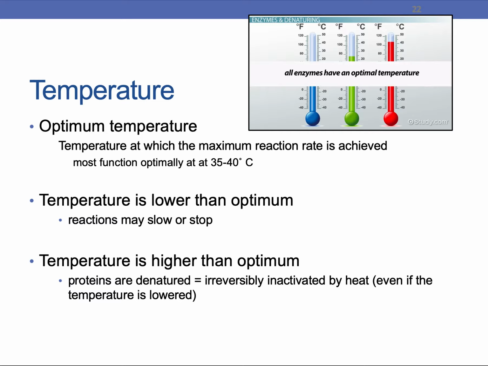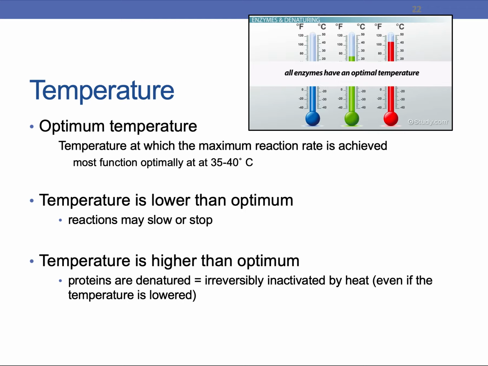So the maximum output is at that temperature. And for most microorganisms, the enzymes that catalyze their reactions would function best between 35 and 40 degrees Celsius. You would notice that the human body optimum temperature is around 37 degrees Celsius. So these organisms generally will be able to live on living organisms.